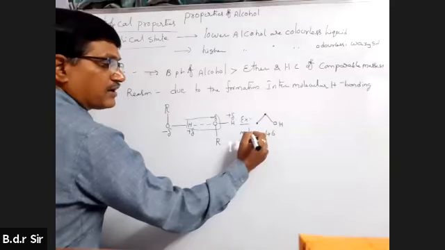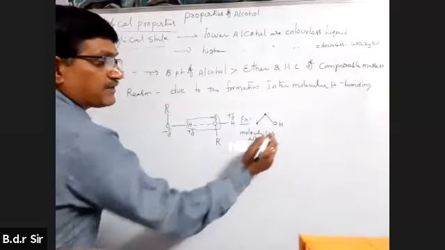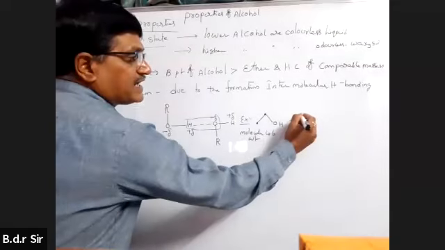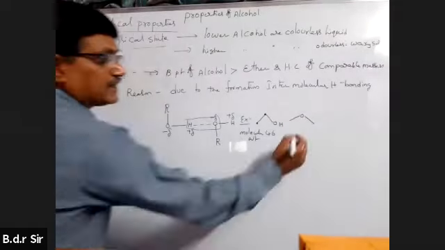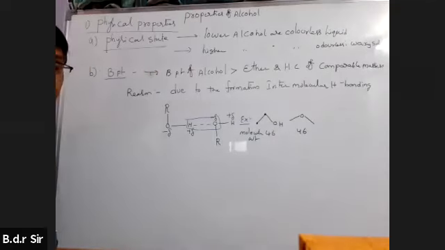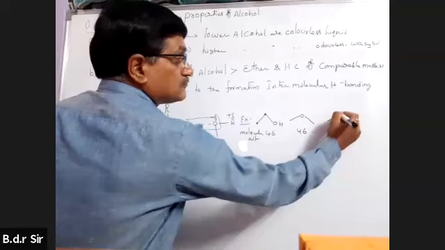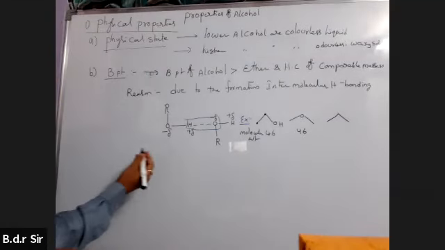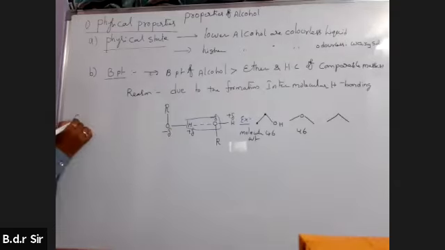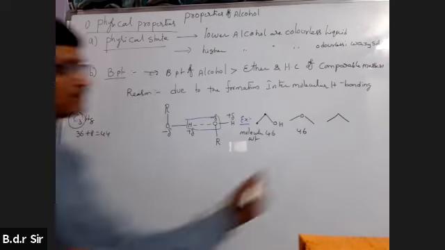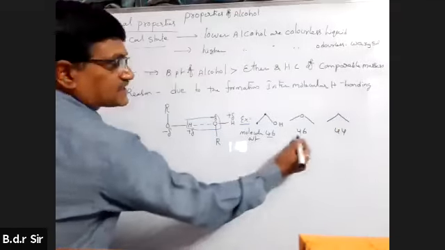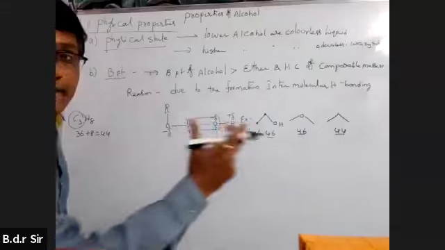Dimethyl ether, its molecular mass 46. Propane, formula C3H8. Carbon atomic weight 12 into 3 is 36. Hydrogen atomic weight 1 into 8. It is equal to 44. 46, 46, 44 means comparable masses.